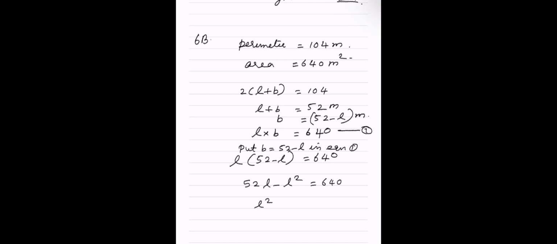Or in other words, L² − 52L + 640 = 0. So L² and 52L I'm taking to the other side. L² − 52L + 640 = 0. Now we have to factorize 640.